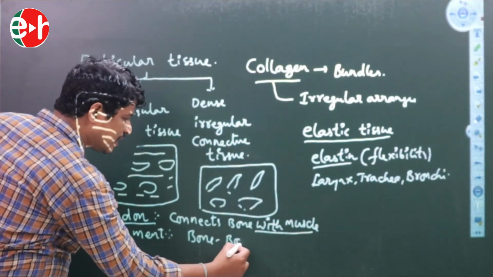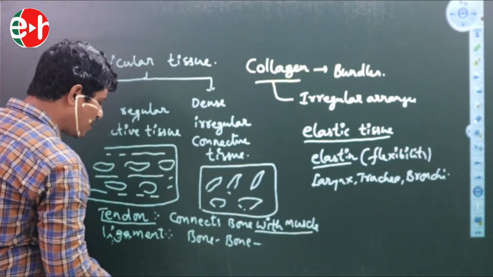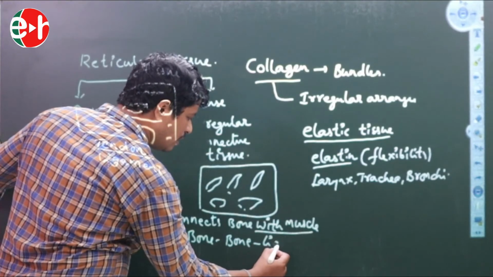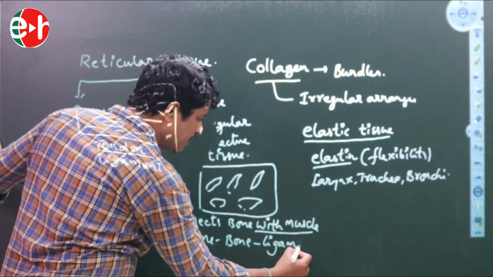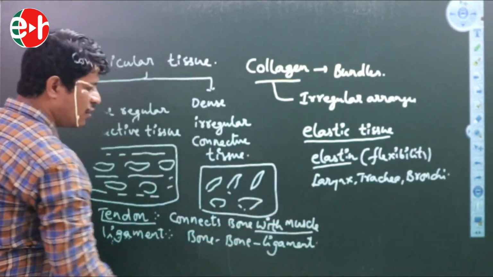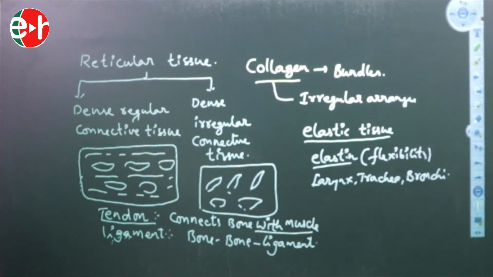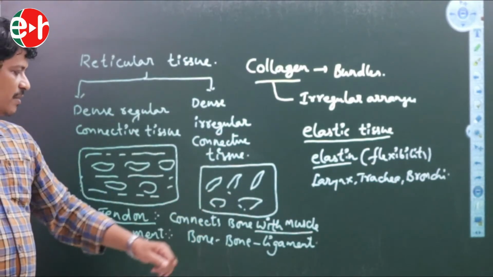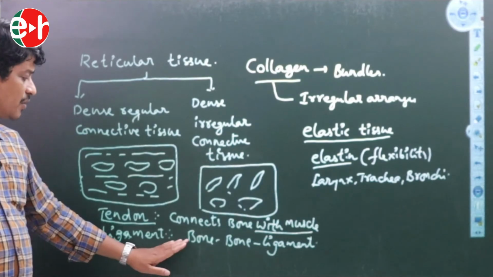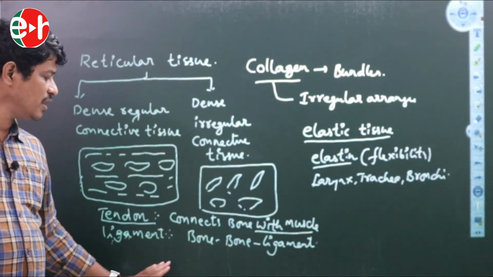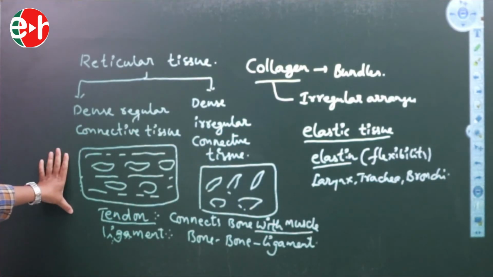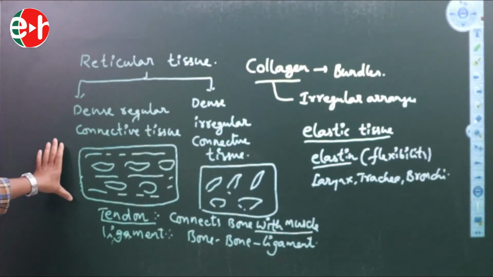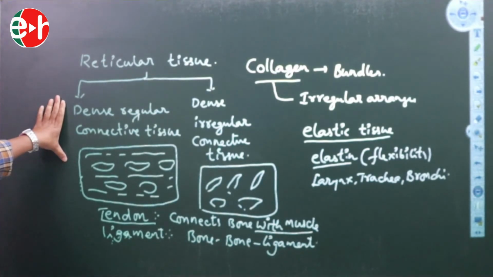Bone connects with another bone with the help of ligament. The tendon connects bone with the muscle, whereas the ligament connects bone with the bone. These two are the examples for the dense regular connective tissue. So this is about reticular tissue.